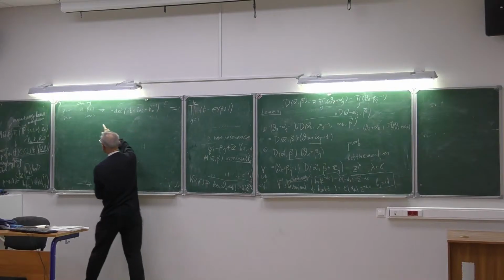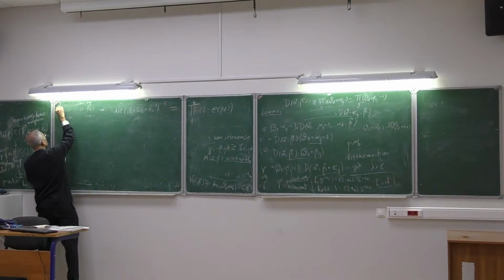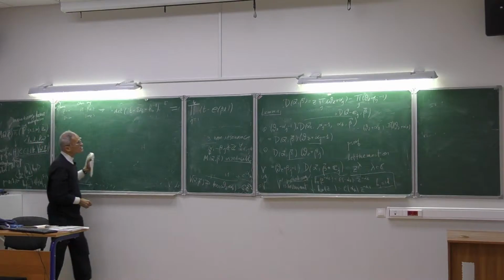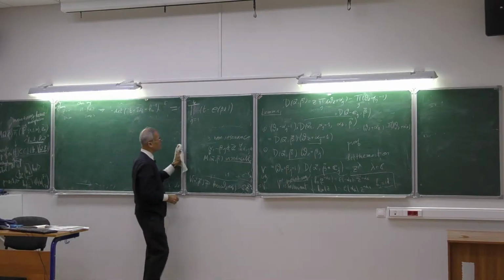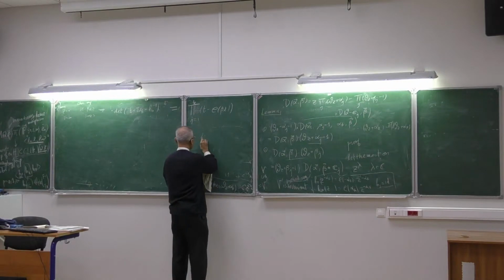So, under alpha beta non-resonance. No, everything, yes, non-resonant. Whether I need it. In fact, I don't need it, yes. Non-resonant. Yeah, that we saw that H0 has something like this, minus beta 1.